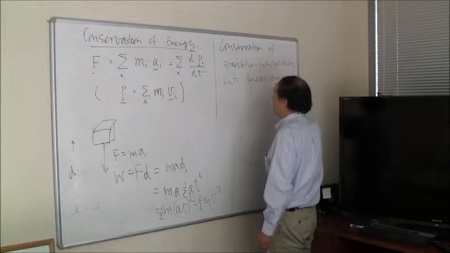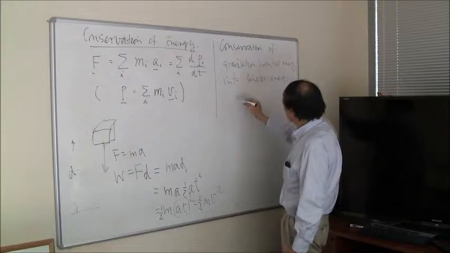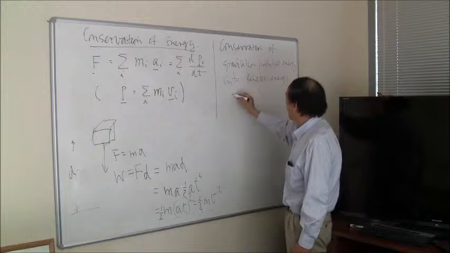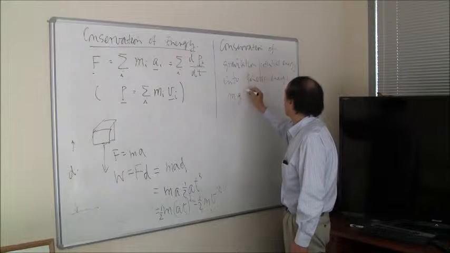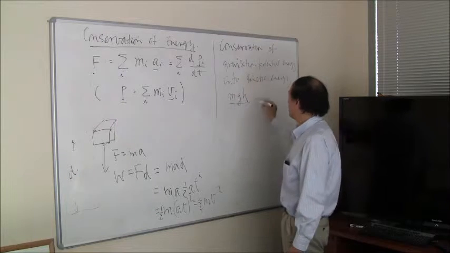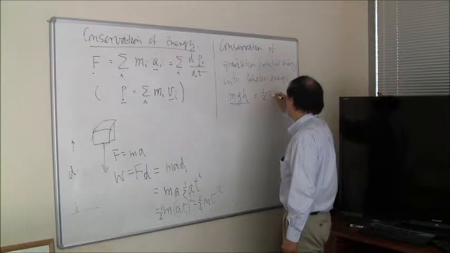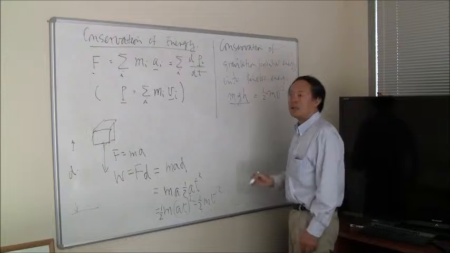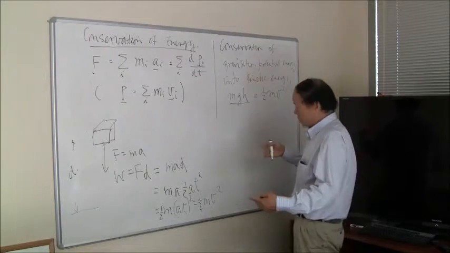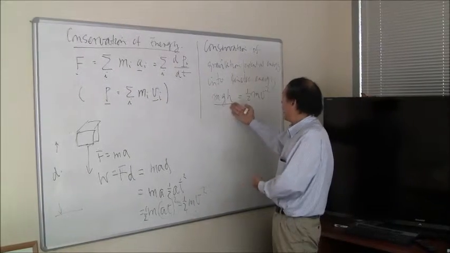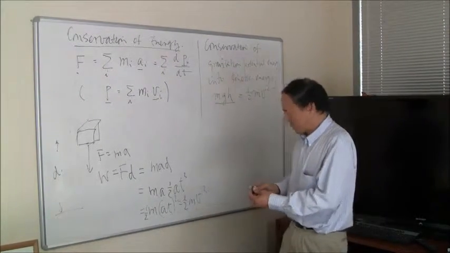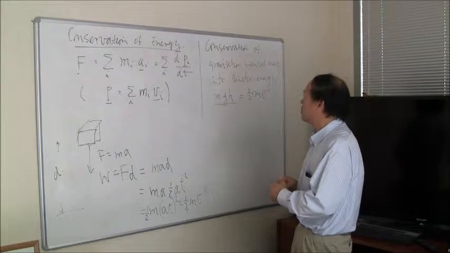And we've shown in the last class that mgh, which is the gravitational potential energy, is equal to 1/2 mv squared, the velocity that is acquired by the mass as it drops from a height of h ending in a velocity of v. Now, very quickly we can show this.